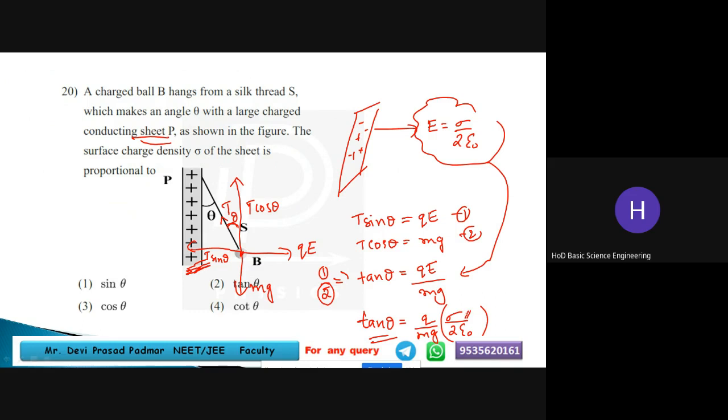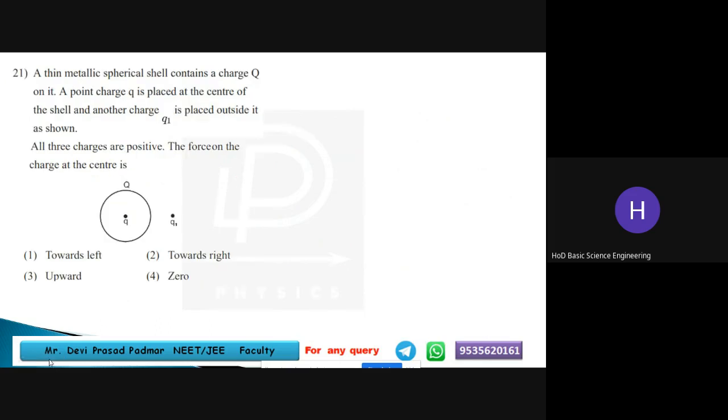So sigma is directly proportional to tan theta. Yes. Next one.